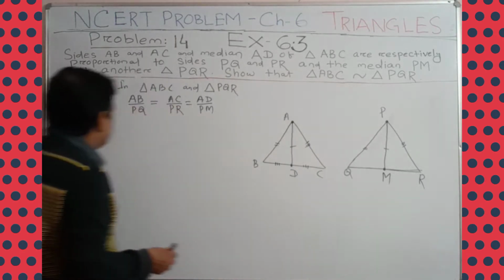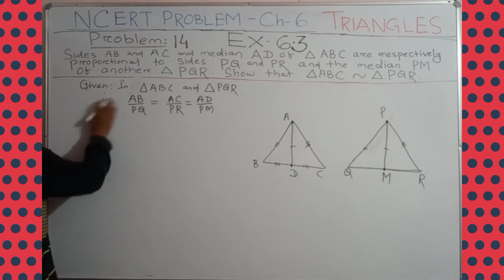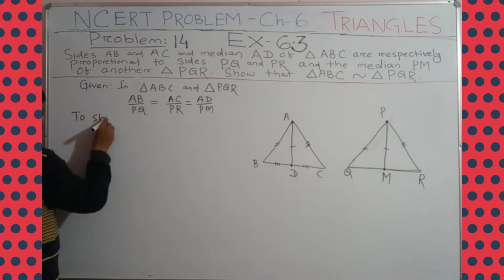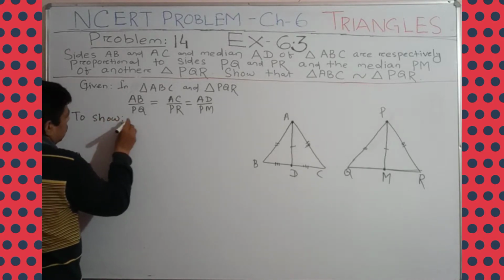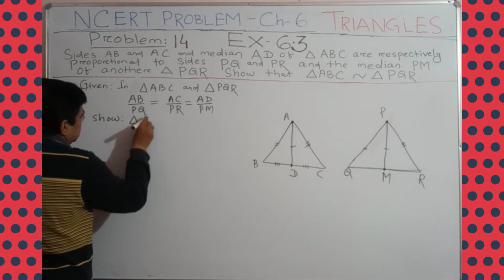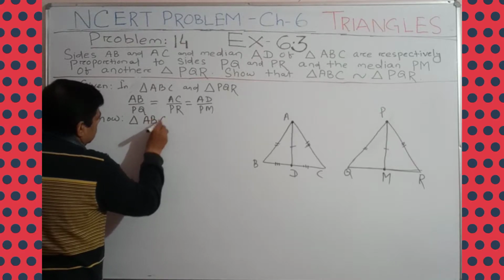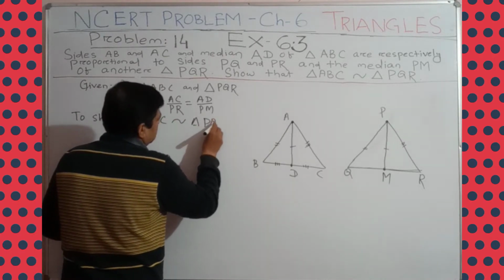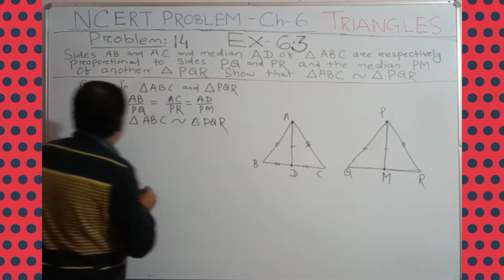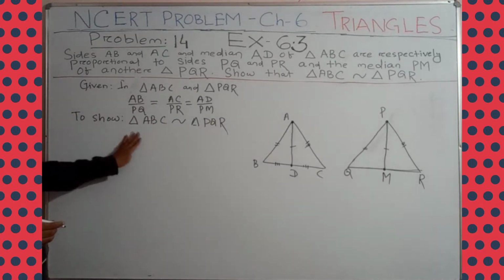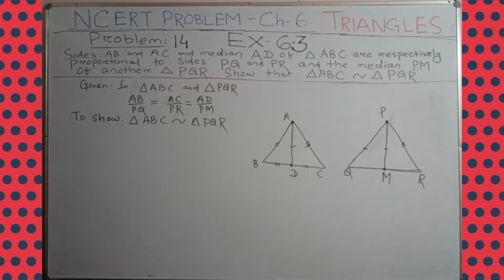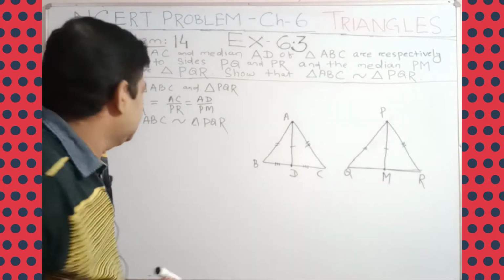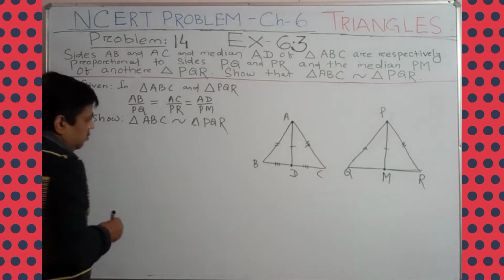We have to show that triangle ABC is similar to triangle PQR. Yes or no? Understand? This is what we are going to prove. So what is the construction we have to do for that?